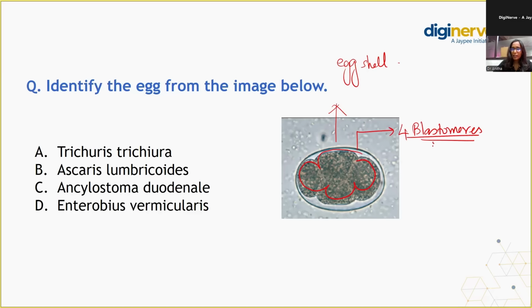So this is nothing but hookworm infection. Very straightforward question. The hookworm mentioned here is Ancylostoma duodenale. How will the other egg look like? Trichuris, if you see, will have a mucus plug on either side.